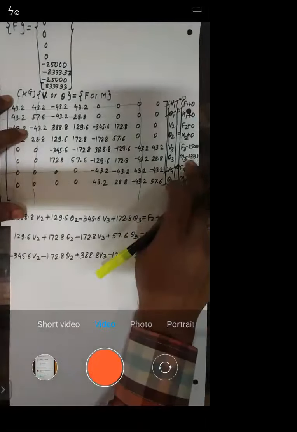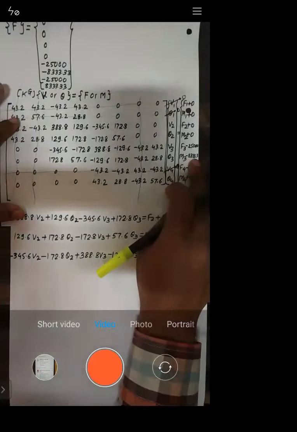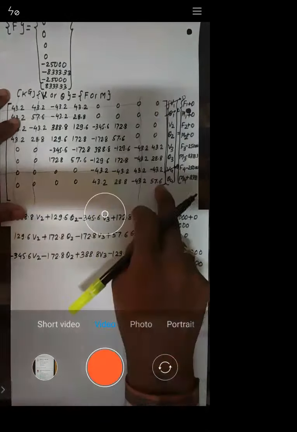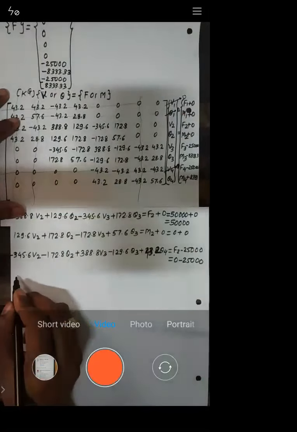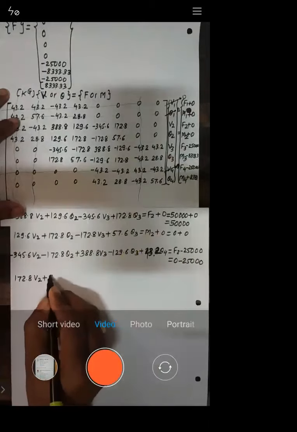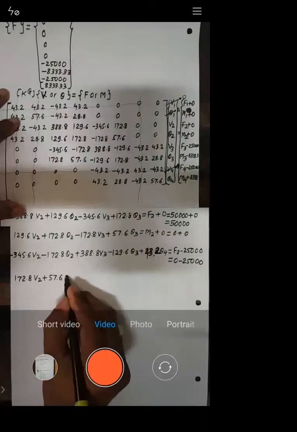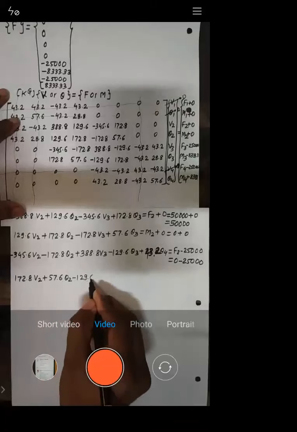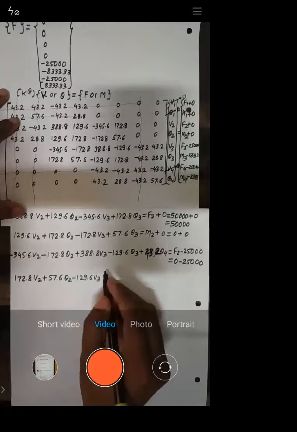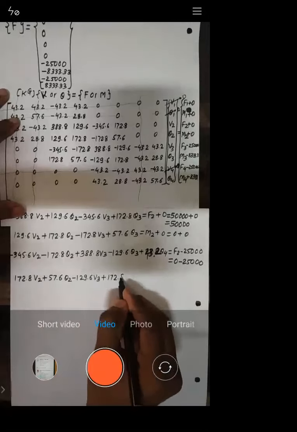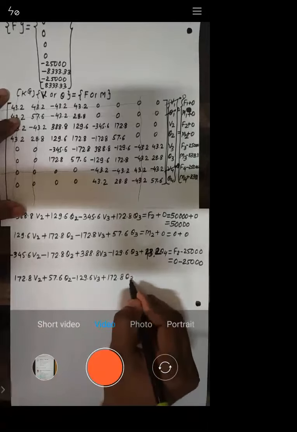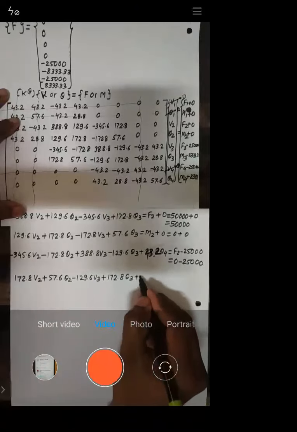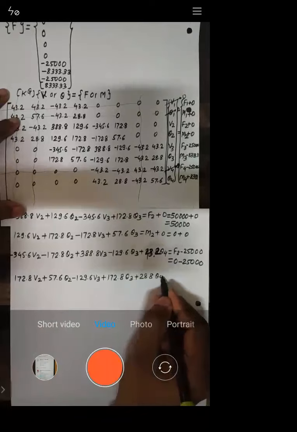Similarly, we should go for this M3 minus 8333.3. So this is this row into this column, right? So this is 172.8 into V2 plus 57.6 into theta 2 minus 129.6 into V3 plus 172.8 into theta 3 plus 28.8 into theta 4 is equal to M3 minus 8333.3.